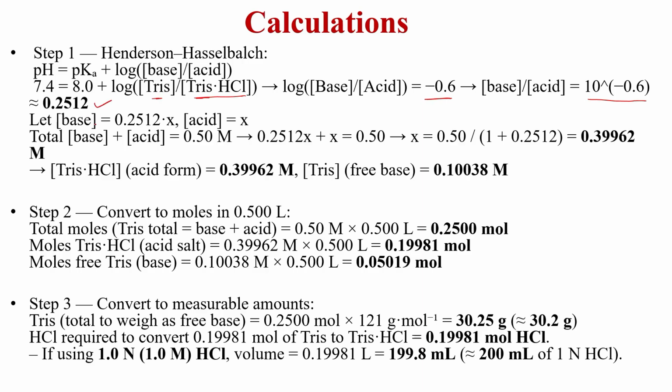So from this, if we take the concentration of acid as X, then we have the concentration of base as 0.2512X, and since base plus acid is 0.5 molar total strength, X will be equal to 0.39962 molar, and the Tris-HCl acidic form will be equal to 0.39962 molar.